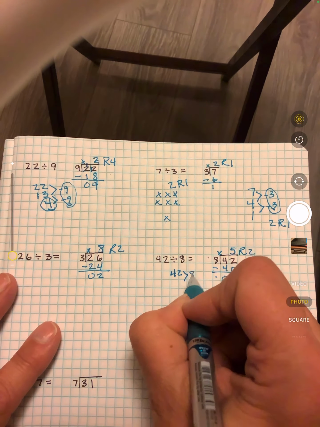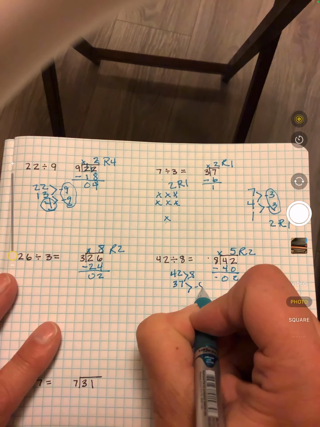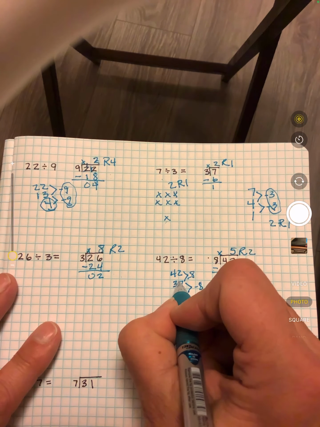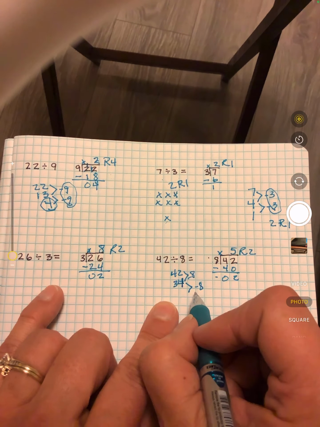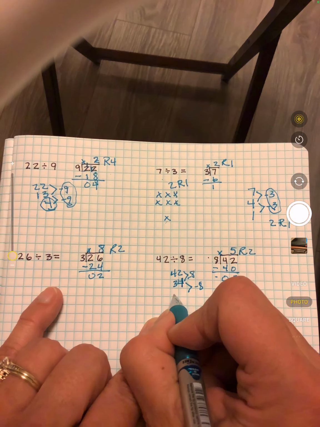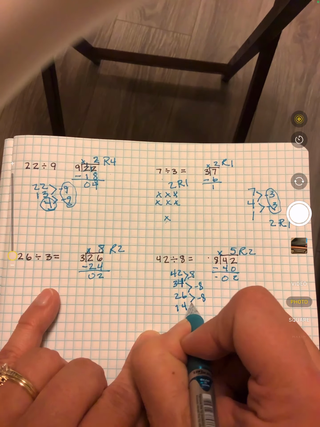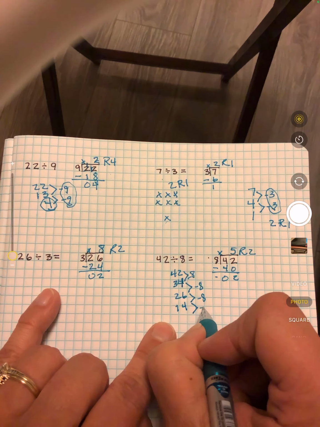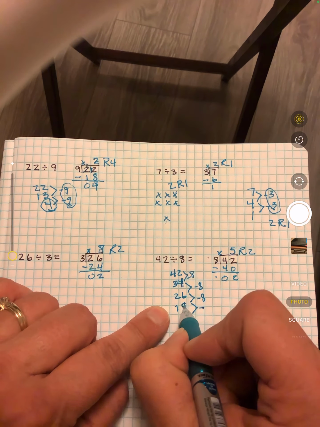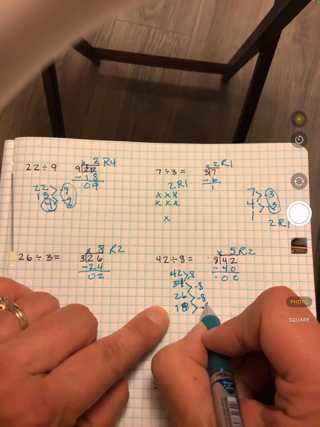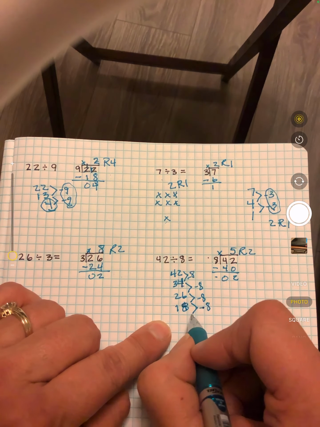42 minus 8 is 34. Minus 8 would be 26. Minus 8 would be 18.